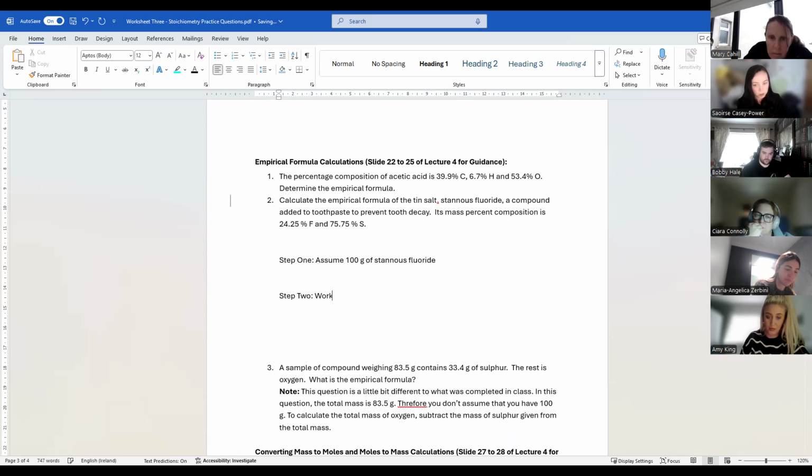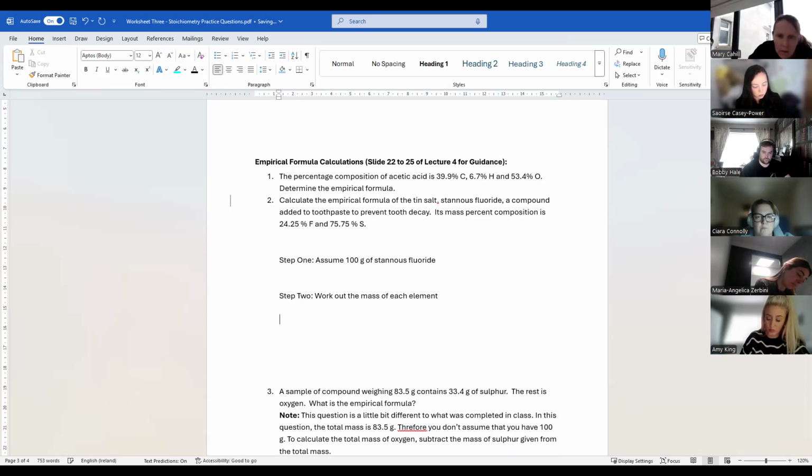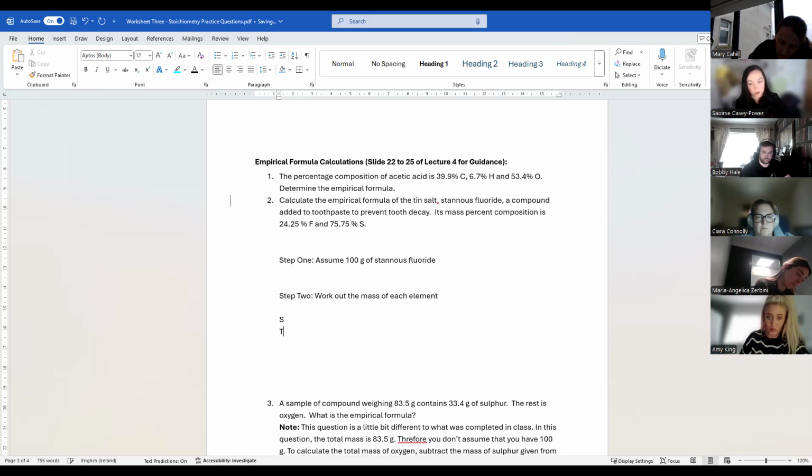Okay, so your step 2 then is to work out the mass of each element. So we have 2 of these, we have Sn and we have F. And this is why we assume we have 100 grams, because it makes this percentage conversion an awful lot easier. So if I know I have 75.75% of 100 grams, that's just going to be 75.75 grams.